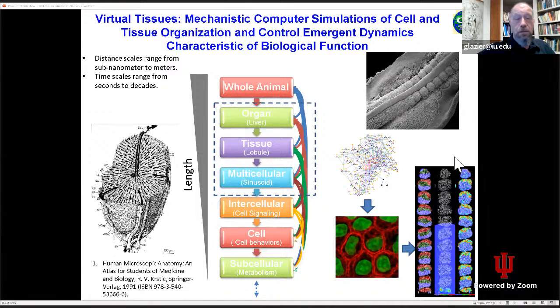As an example here, which I always show in this demonstration, this is an electron micrograph of a chicken embryo. This shows the process of somitogenesis, or segmentation, when the periodic structure of the vertebrae is going to be laid down.